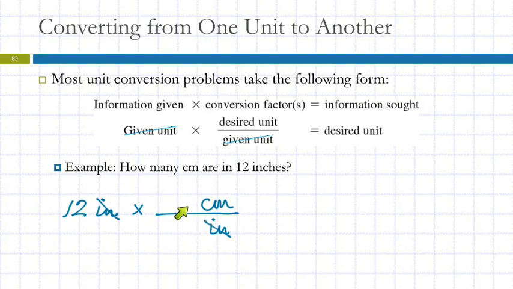Now I look at this and I say, how many centimeters to how many inches? Well, 2.54 centimeters is equivalent to 1 inch. And then I use my calculator. I go 12 times 2.54 divided by 1. And my calculator says 30.48. Don't do that. Centimeters.